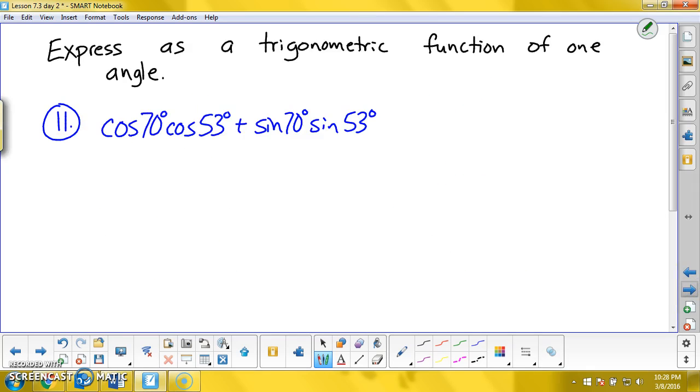Next, homework problem number 11. It says express as a trigonometric function of one angle. If you look at what we have here, this is very similar to the pattern for the difference for cosine.